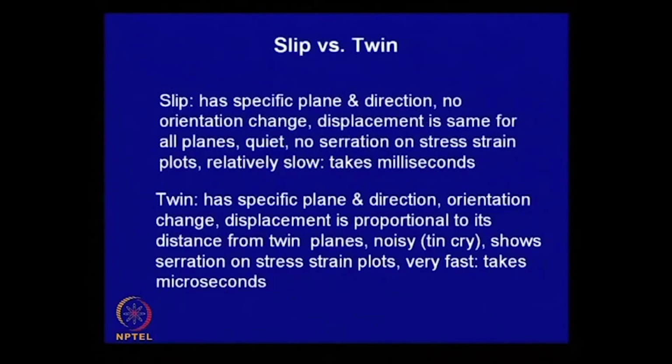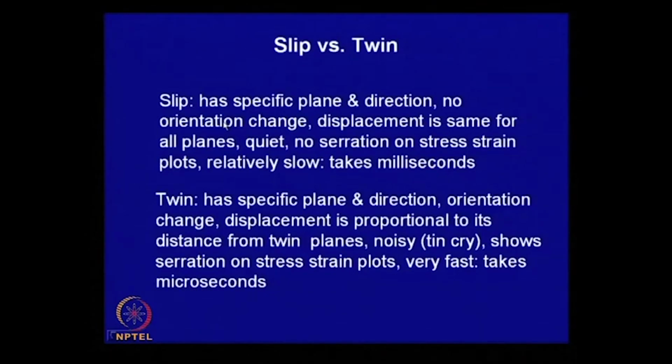Now, a quick look at the little similarity and the difference between these 2 modes of deformation, slip and twin. Slip is a relatively gradual process, and it takes place on specific planes and directions. Twin also takes place on a specific plane along a specific direction. In slip there is no change in orientation.